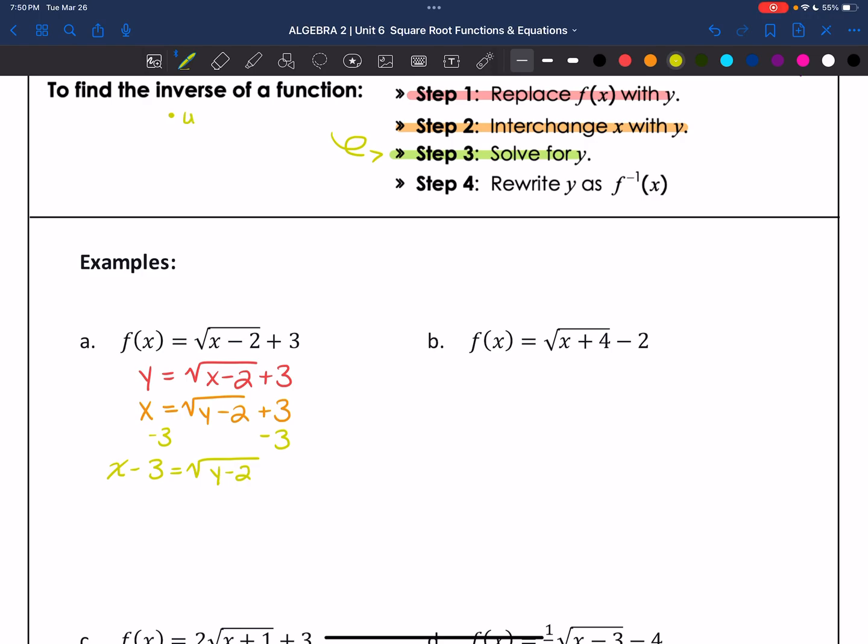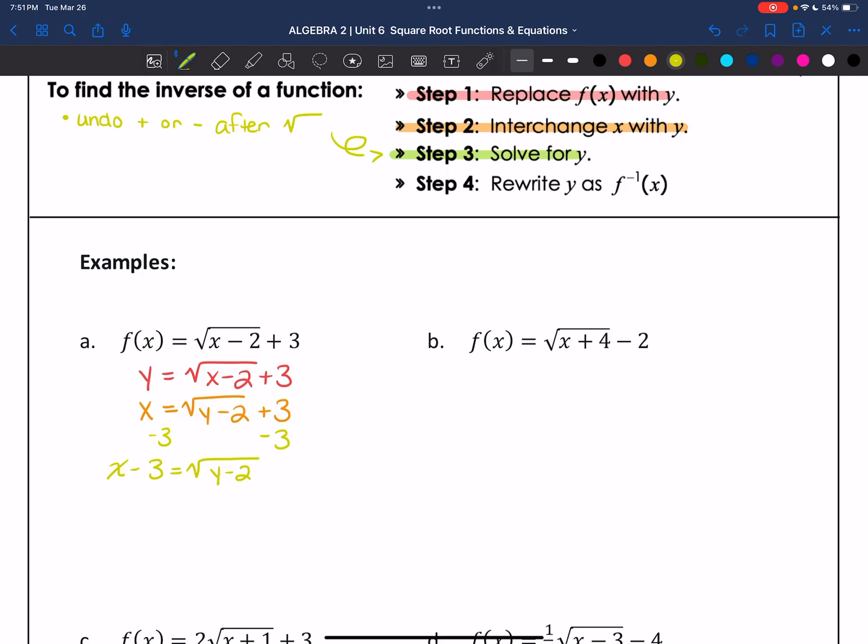First, undo either adding or subtracting. And specifically, the place where you would undo the adding or subtracting is outside or after your square root if you're working with a square root function.